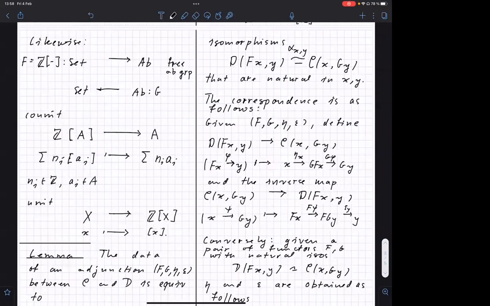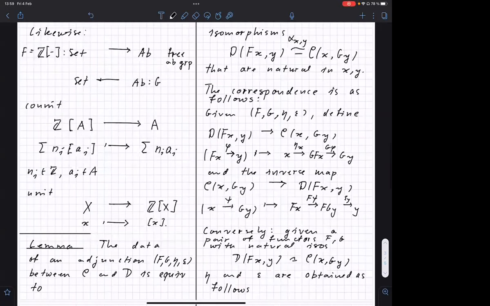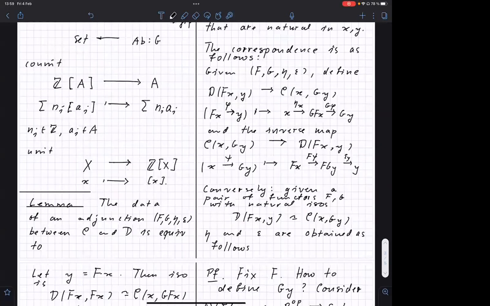Okay, so the correspondence is as follows. Given a map in D from FX to Y, I call it phi. I can apply G to that, and then I'll get a map from GFX to GY, call it G phi.